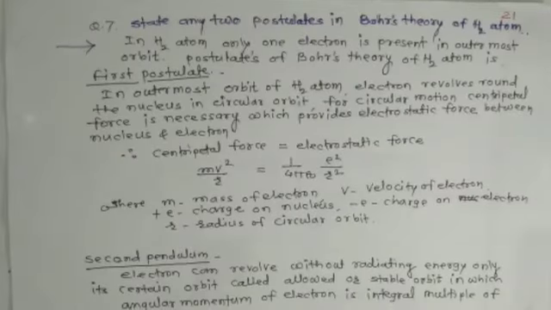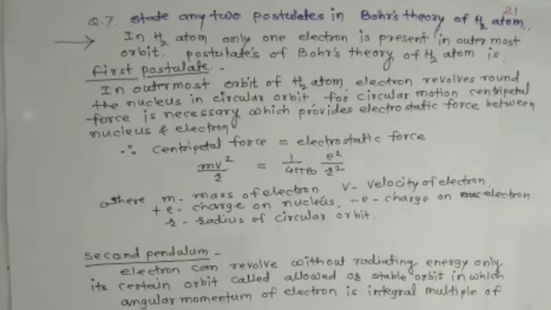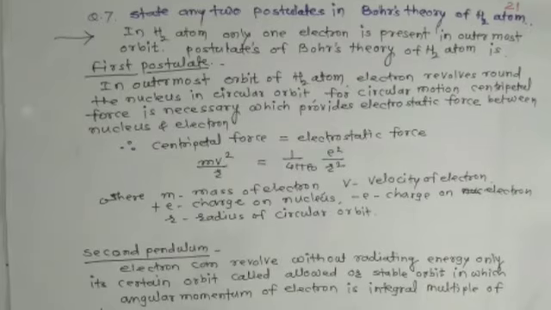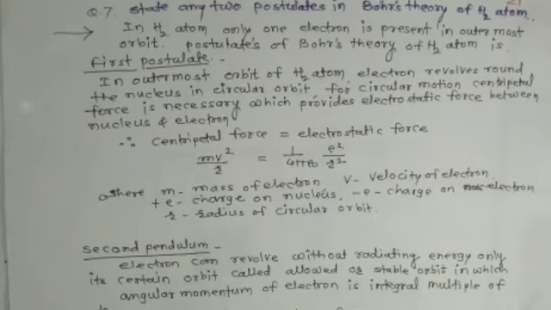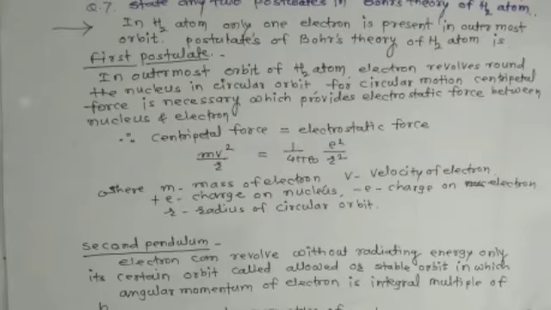Question number 7. State any two postulates in Bohr's theory of hydrogen atom. The answer is, in a hydrogen atom, only one electron is present in the outermost orbit.